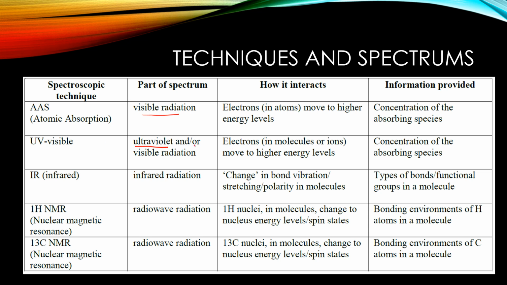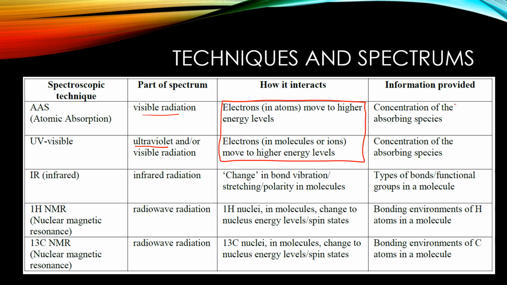Now for these two, they're very similar because they're actually measuring the absorption of light in either the visible or the ultraviolet part of the electromagnetic spectrum, and that's actually measuring the amount of energy absorbed by electrons as they move from a ground state or a lower energy level to a higher energy level.